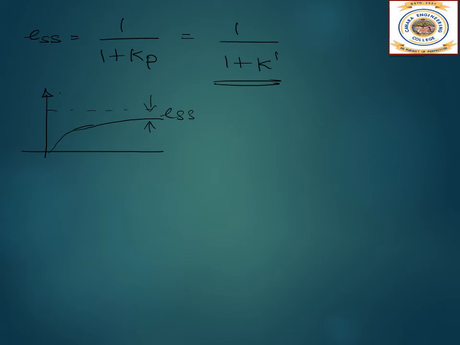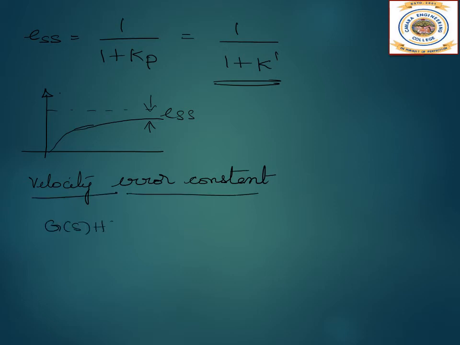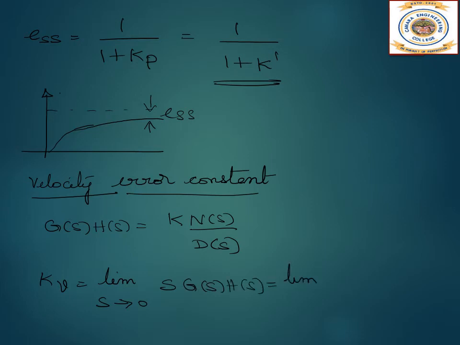Next, we consider the velocity error constant for a type 0 system itself. I'll write G(s) H(s) together as K into numerator over denominator. So what is Kv? Kv is given by limit s tends to 0, s into G(s) H(s).